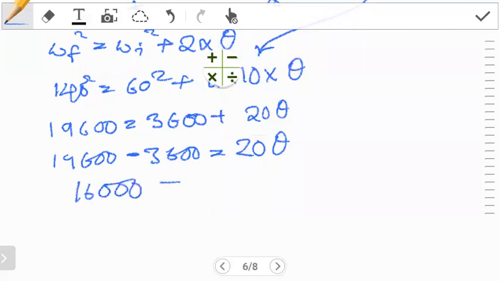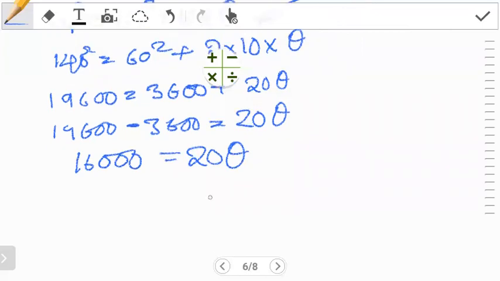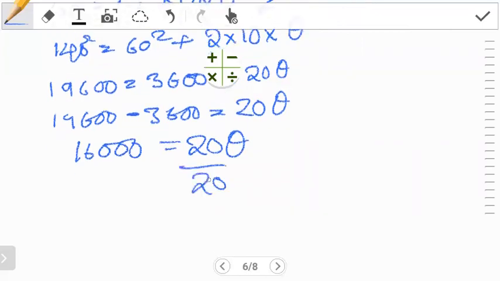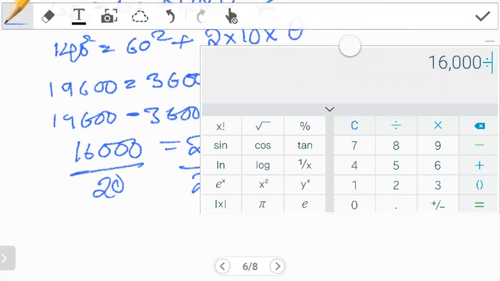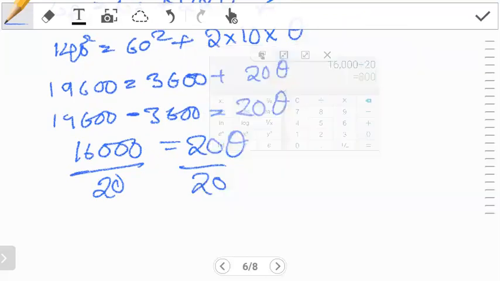Divide both sides by 20. So now I have my answer here, 16,000 divided by 20, and I get 800. So this gives our angle as 800.